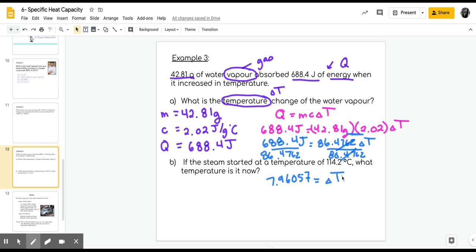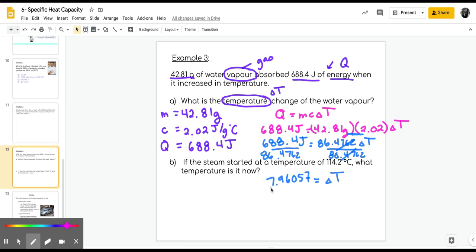Now, I don't get to just keep my decimals like that. Significant digits. So go back to my question. I have 4 sig digs here. I have 4 sig digs here. I have only multiplied and divided, so I get 4 sig digs. So 1, 2, 3, 4.